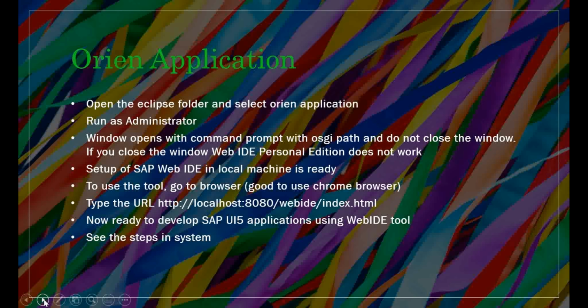Just minimize that pop-up window. With this step, we completed the setup of SAP WebIDE Personal Edition on your local machine. Now the setup is complete. We will see how to work with this IDE on your system.